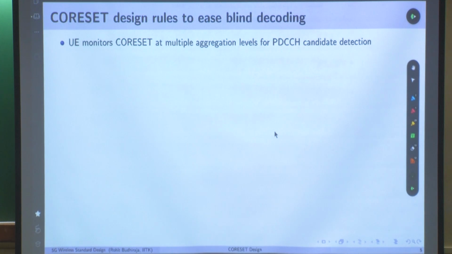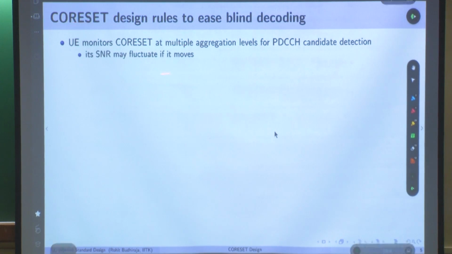It is a candidate because it is a potential place where the DCI can come. For example, at aggregation level 1, user 1's DCI was not even coming. That is why we call it a candidate.